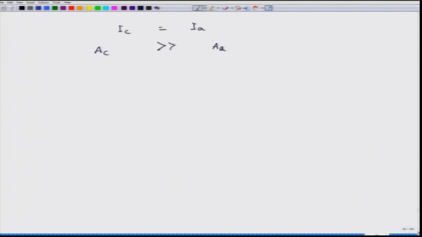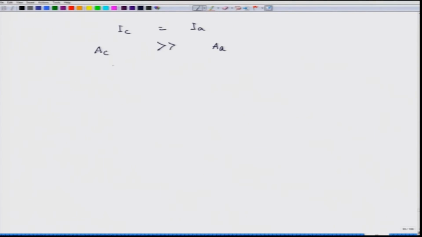It is the same, but when I try to understand the rate at which the cathodic and anodic reactions are taking place, I have to divide I_C by A_C and I_A by A_A, where these are the area of anode and area of cathode.